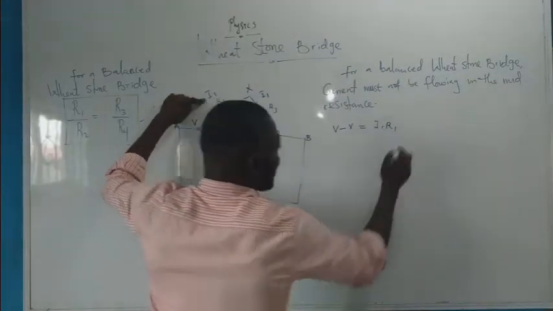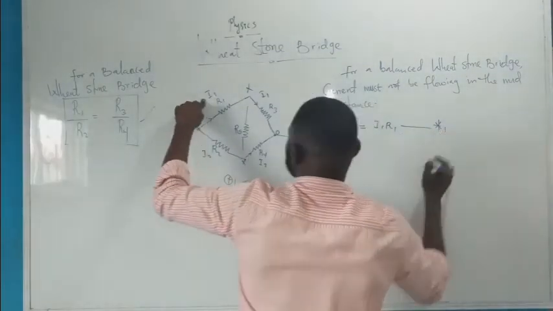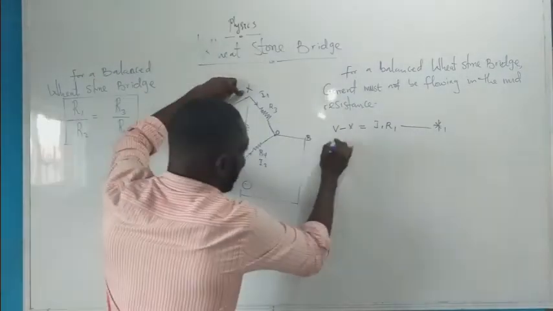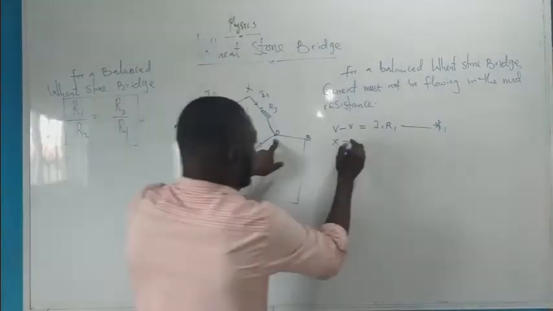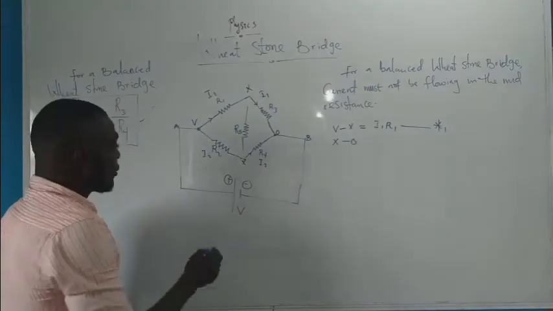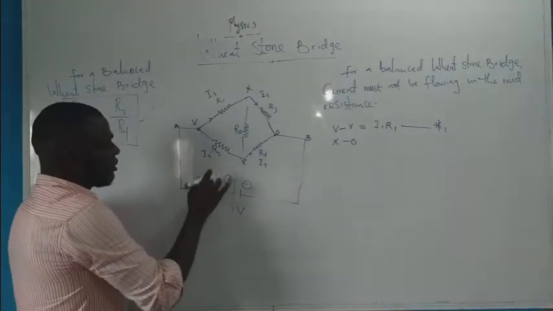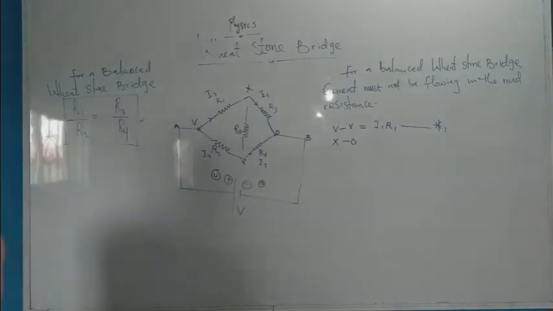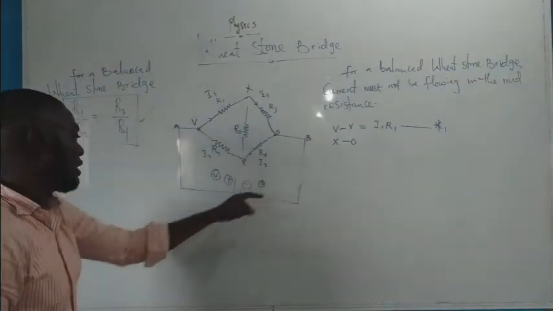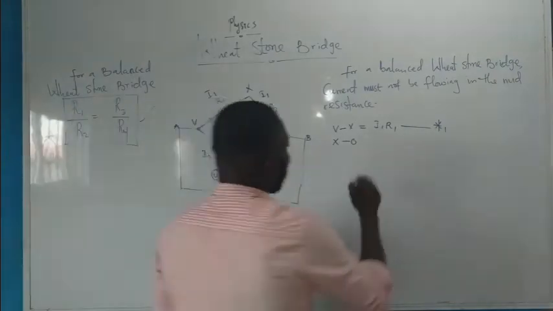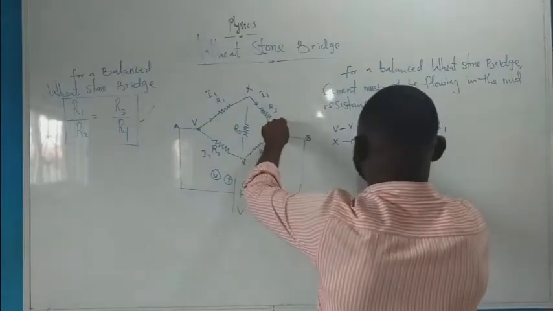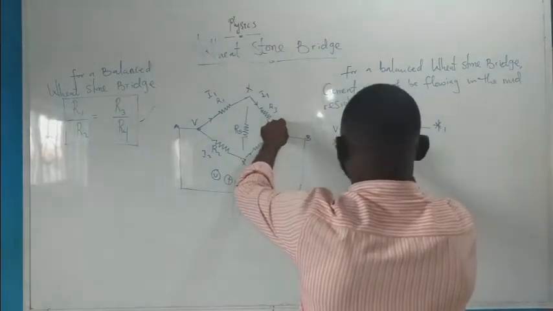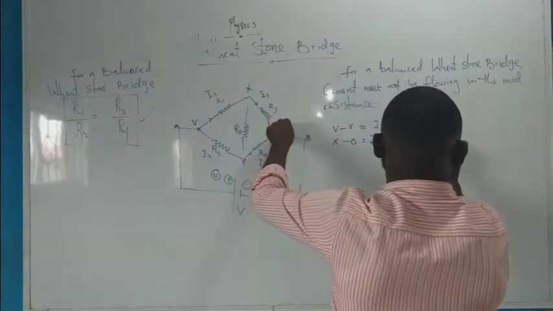So we have V minus X equals I1 R1. Call this asterisk 1. X minus 0 is this, where this is 0 and this is V, so that will be equal to I1 R3, equation 2.